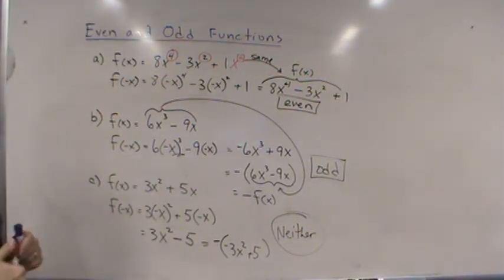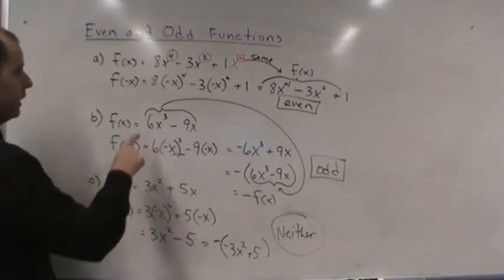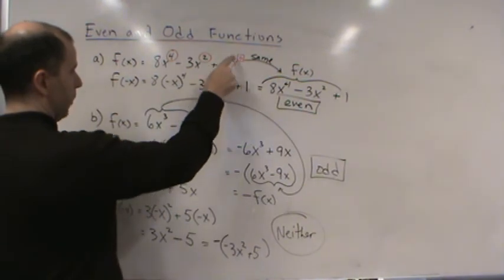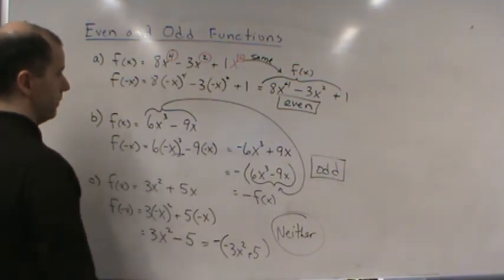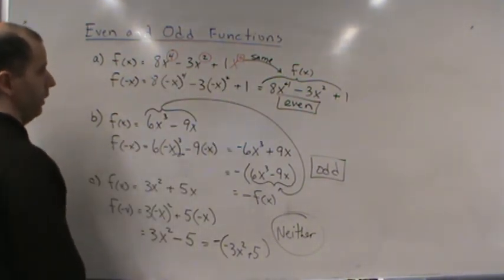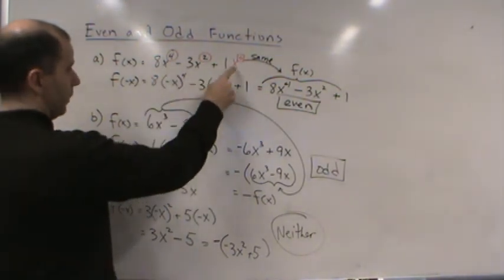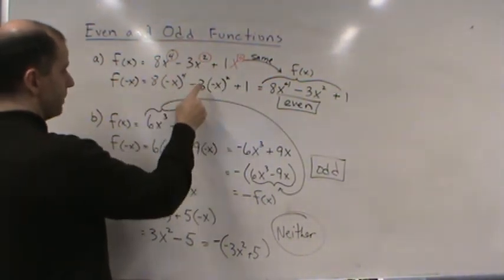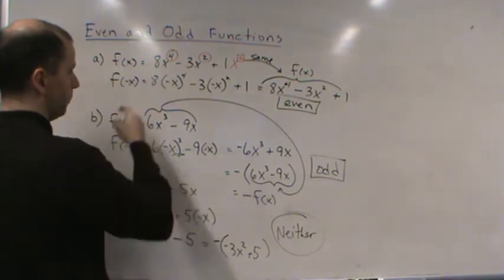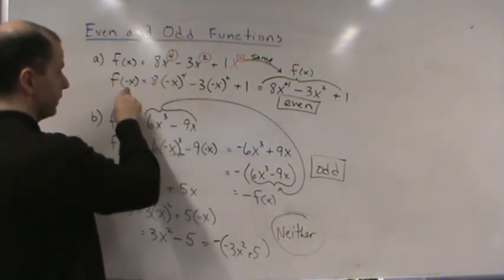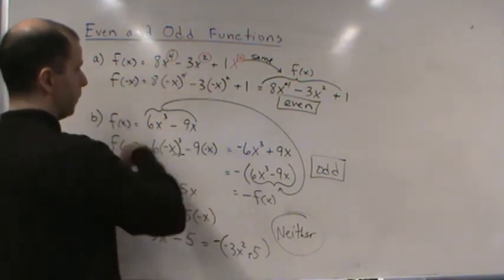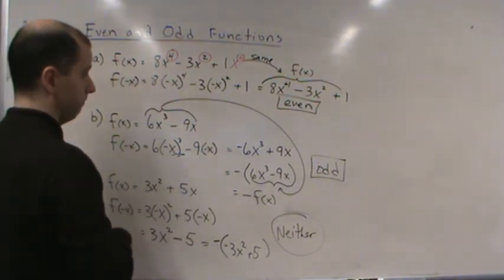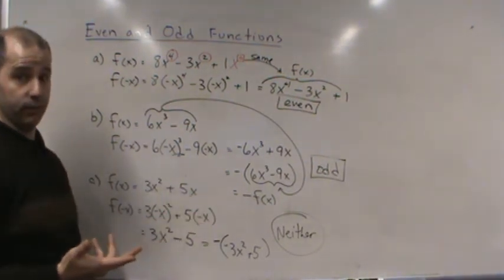X to the 0 is 1. If you look at all of these exponents, what do you notice? They're even. If they're even exponents, then you'll always get positive values when you plug in negative x. So if all of the exponents are even, then it's going to be an even function.